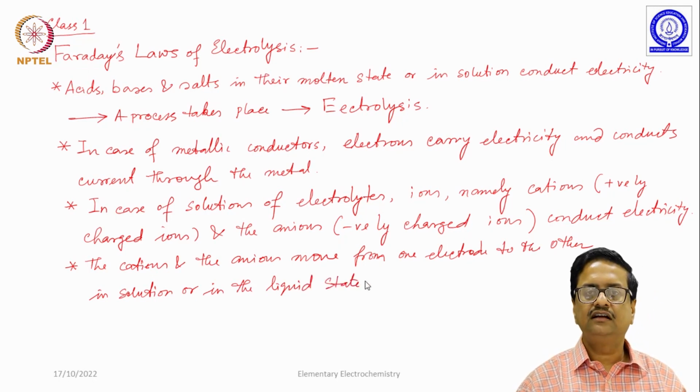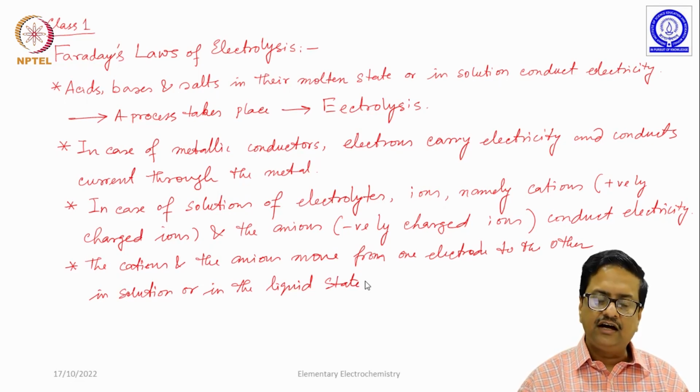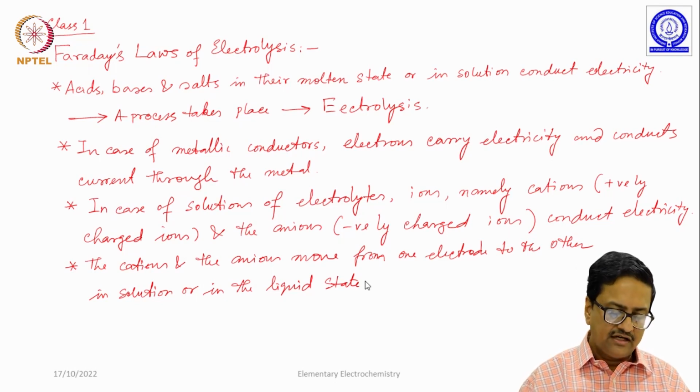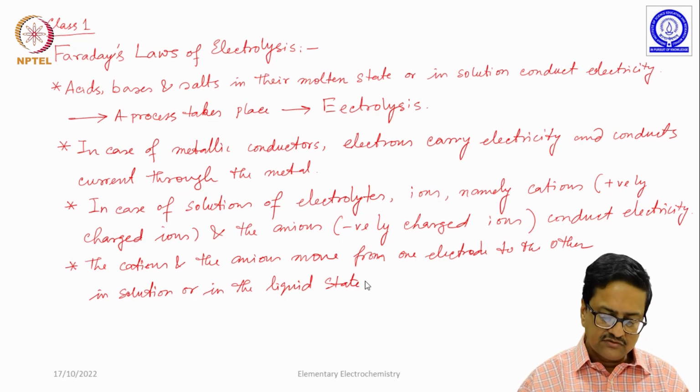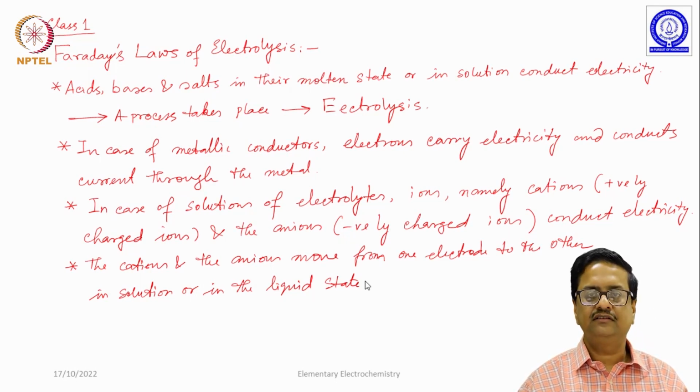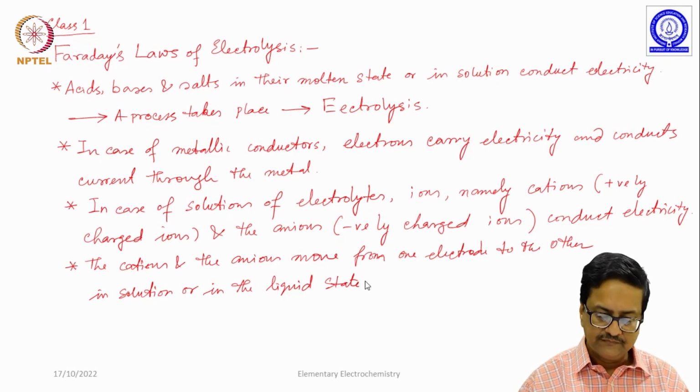So as soon as it is no longer the electrons but the ions that are moving, you can understand that there will be a lot of aspects associated with it, because the ions have different size. Ions can conduct different amounts of charge. So there can be a cation with a single positive charge, with two positive charges and three positive charges, and so on.